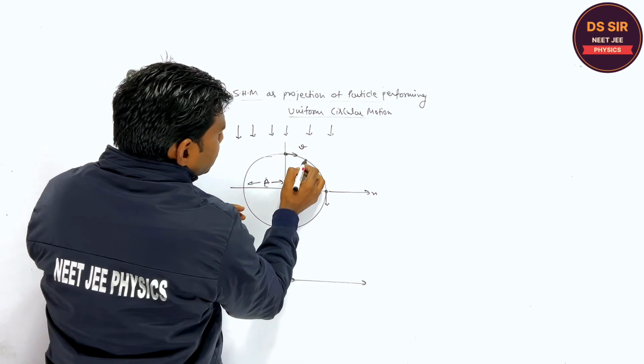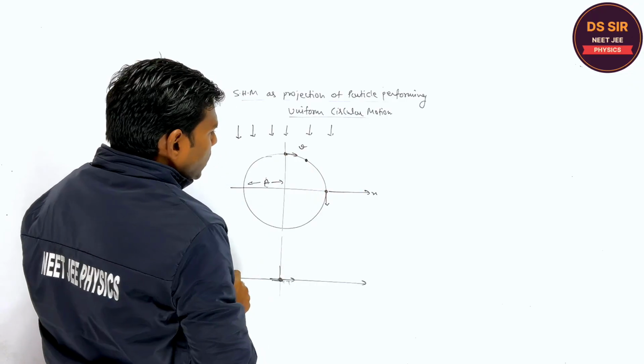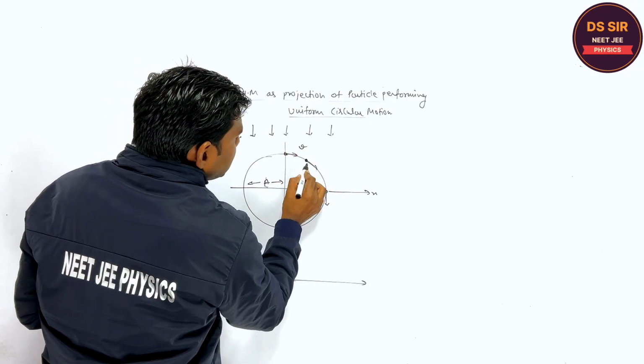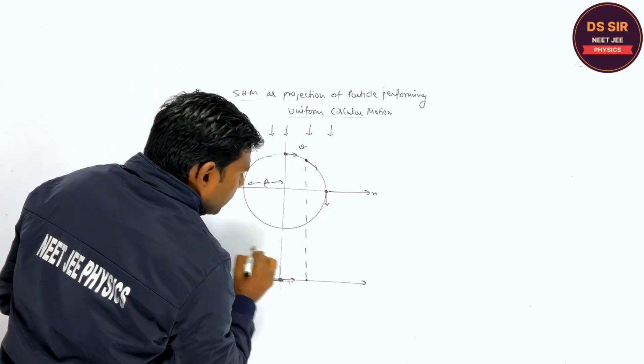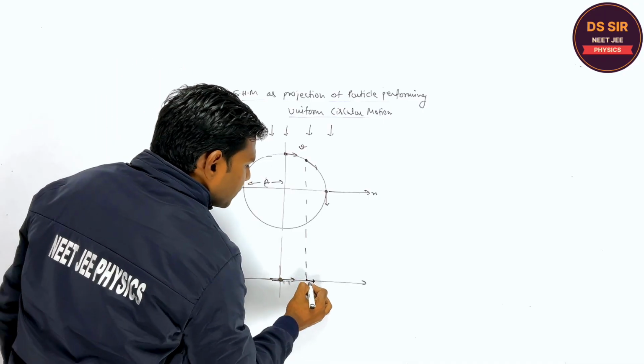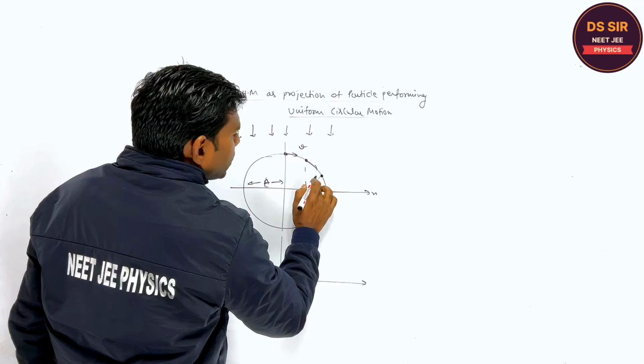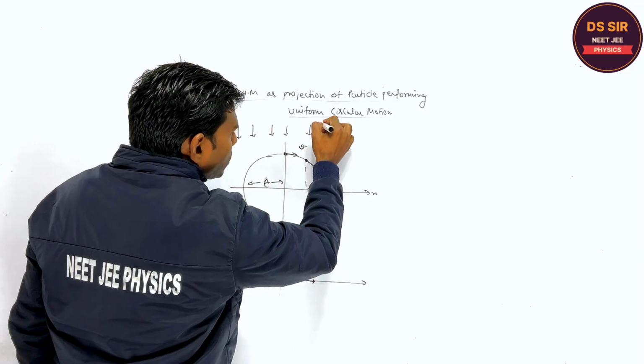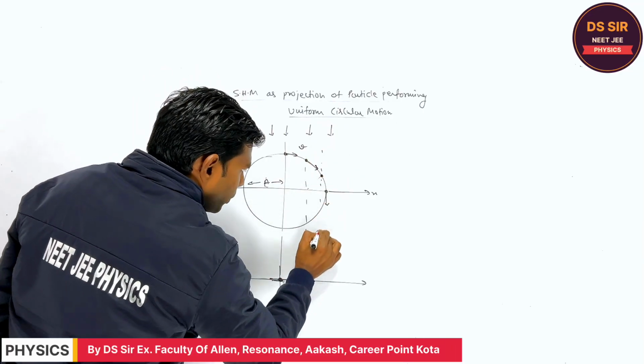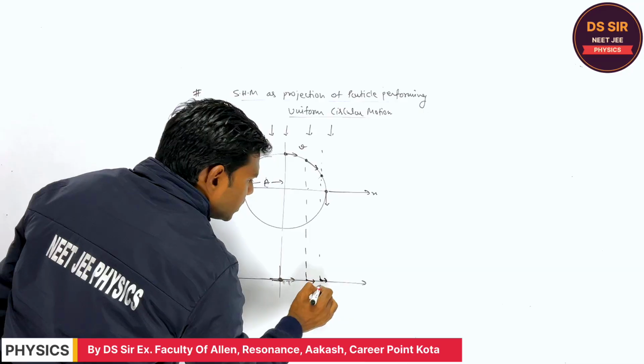After some time the particle reaches this point, so the projection is moving in this way. After some time the particle reaches this point, so its shadow, that is its projection, is moving in this way.